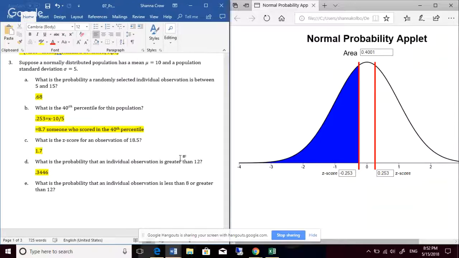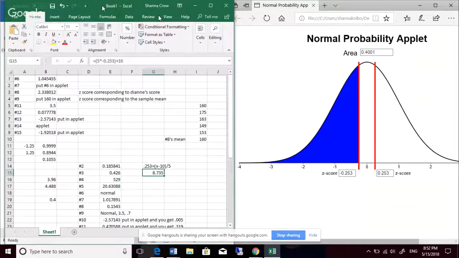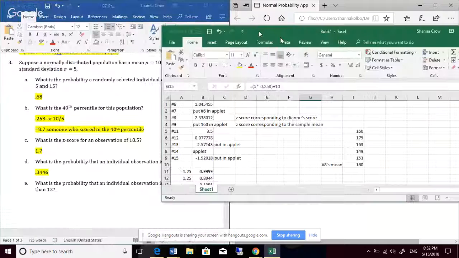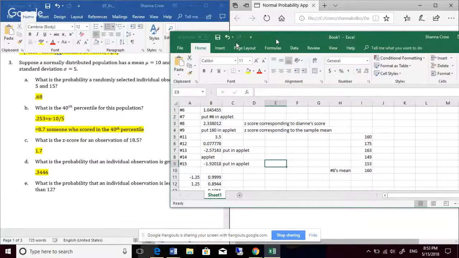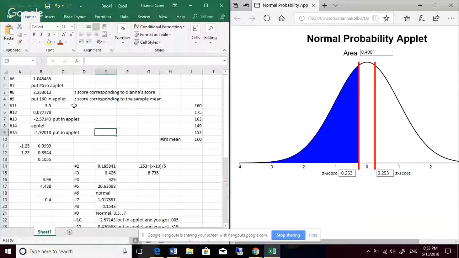Okay, what is the z-score for the observation of 18.5? So we're looking for a z-score, and not a standard deviation.